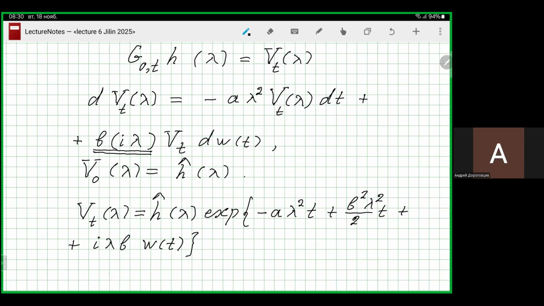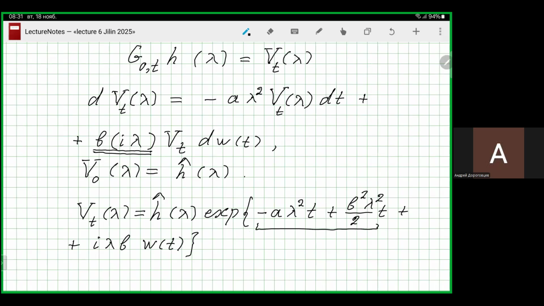Now we have to get the solution from here. To understand how to do this, let us pay attention to this term.